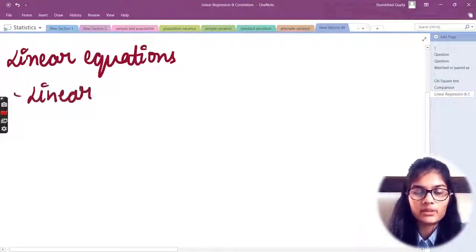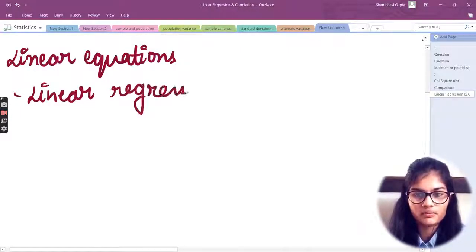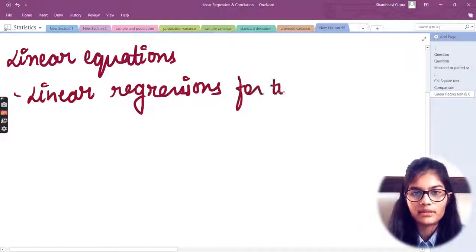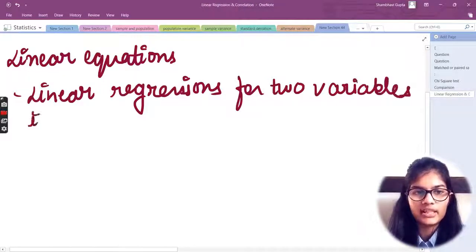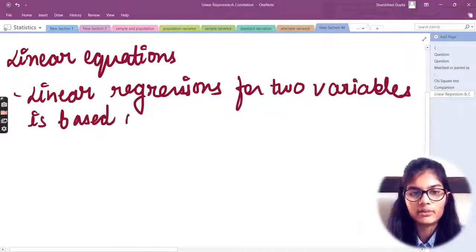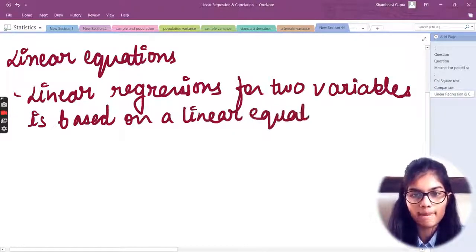I would start by writing that linear regression for two variables is based on a linear equation.